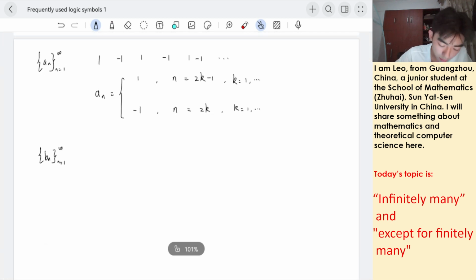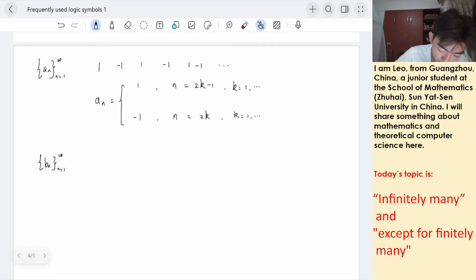Let's consider bn. What does bn look like?